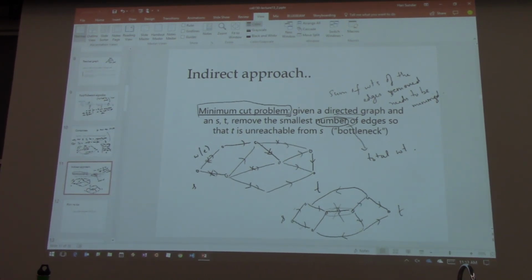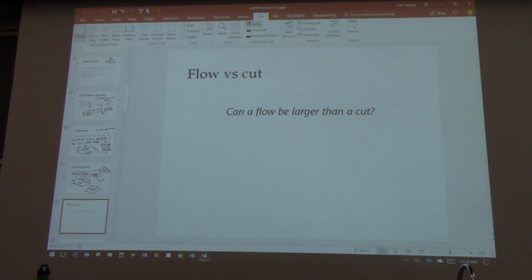So why did we introduce this problem? I want to say that this problem has one easy connection to max flow. The point is this. Suppose I have a max flow problem. So I have a graph and I have capacities now.